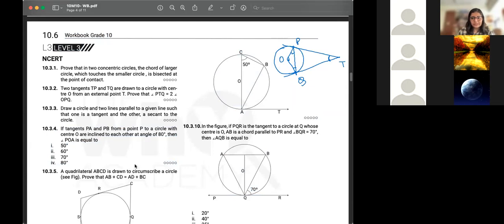Nice. Ritvik, Divya, and Aditya, Ryan, I have not heard from you guys. What is happening? Where are you? Neil is also done. Okay. Whoever has said done, with the final step reached, do 10.3.4.